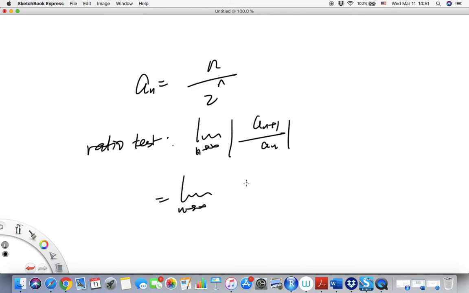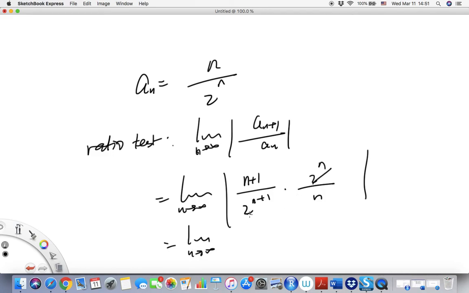That would be n plus 1 over 2 to the n plus 1 times 2 to the n over n. These cancel and there will be a 2 left. That would be n plus 1 over n times 2.